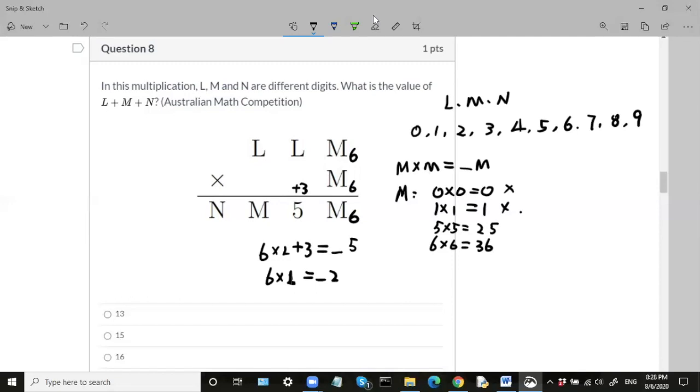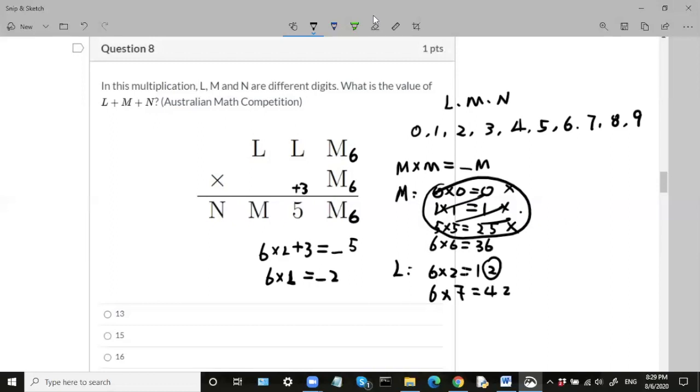And 6 times 7 is 42, which ends in 2. So we could have 2 or 7 for L.